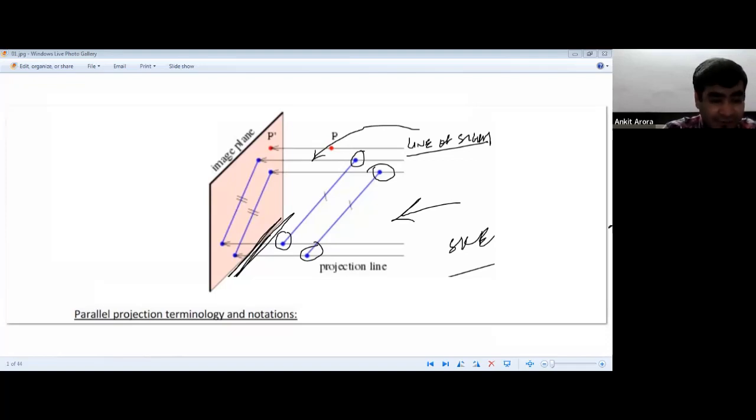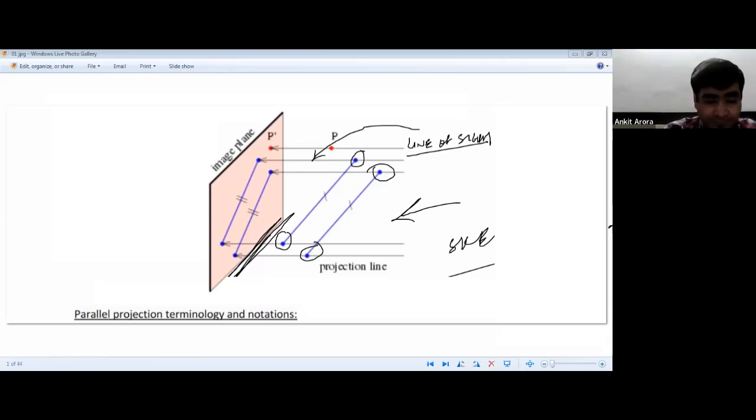Parallel projections can be seen as the limit of a perspective projection. You have a fixed point called the center or the viewpoint, and as this point is moved towards infinity, the lines do not meet. In a real scenario, there is nothing called infinity, right? So you have lines of sight converging towards a vanishing point, like we discussed yesterday in detail, whether it is a road or railway track lines.